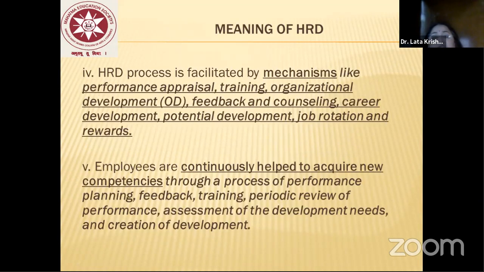Now, HRD process is facilitated by different mechanisms. So when the HR manager decides to develop people working in an organization, what are the tools that he has in his hand? As I explained before, there is performance appraisal. So while people perform their work, it is necessary to watch them carefully and to assess how they are working.